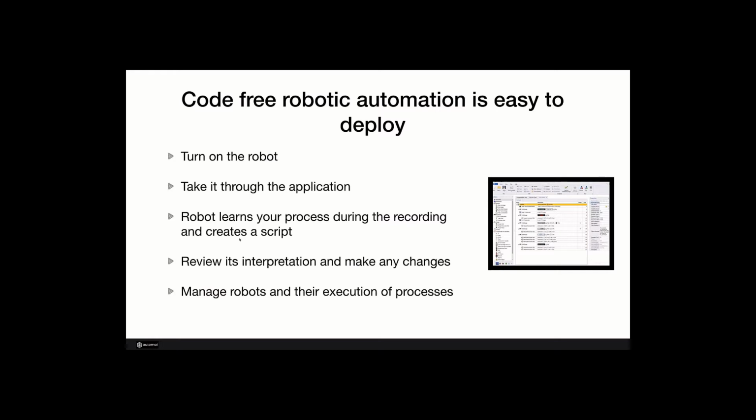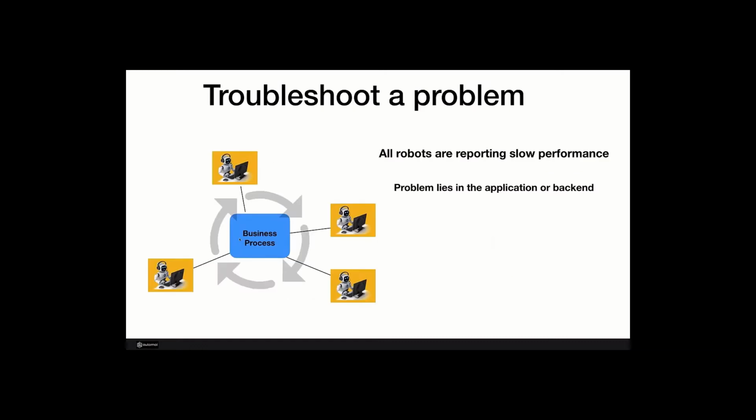So what that allows us, even though we're just looking at the application from the front end, is to still uncover a lot of issues and troubleshoot when issues happen. For instance, if all your robots from all your different locations are reporting that there are issues with the business process, then the application has an issue, and most likely the problems lie with the application or the infrastructure.